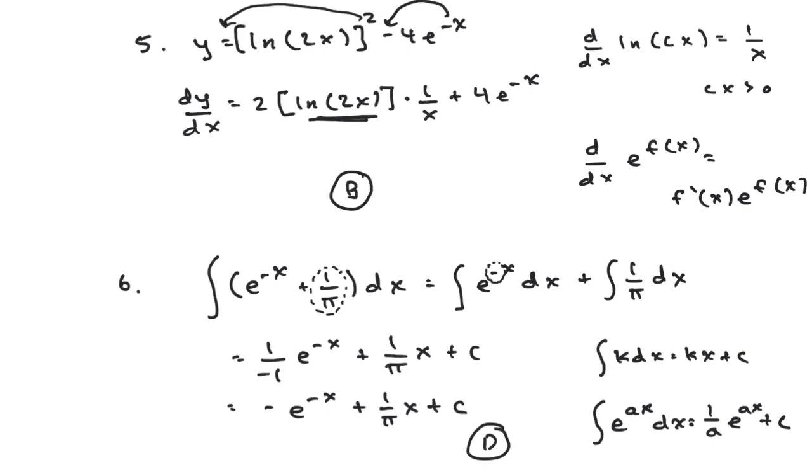All right, so for number 7, we get the integral of 2 times the cube root of x minus 1 over x plus the square root of 20, and this is dx.